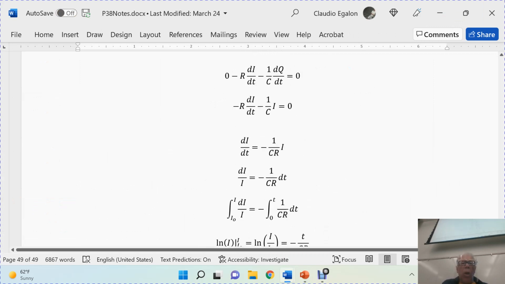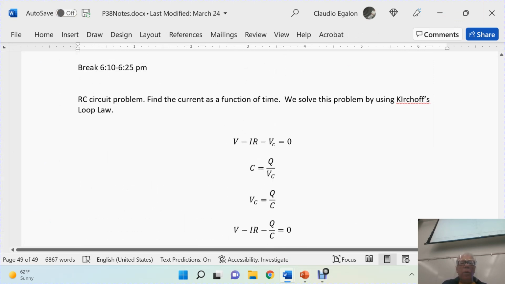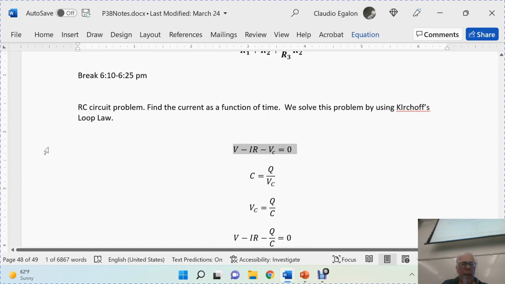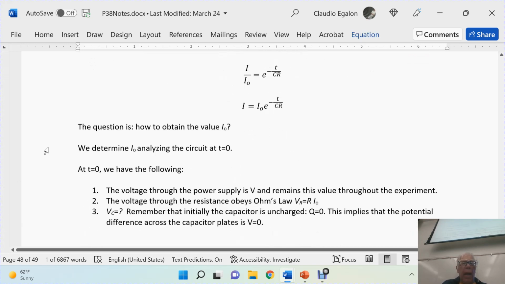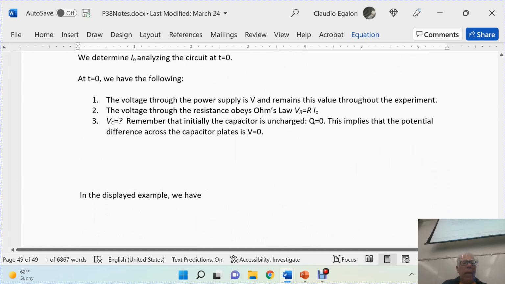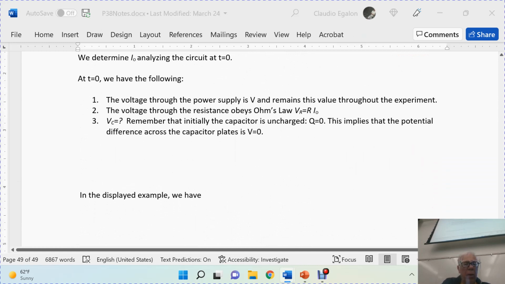How? Go back to the Kirchhoff's loop law that we had before. That's the generic Kirchhoff loop law.